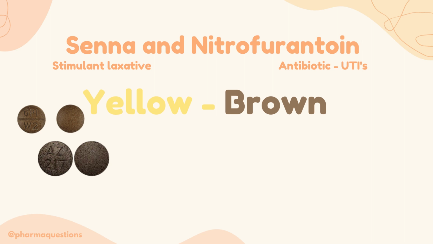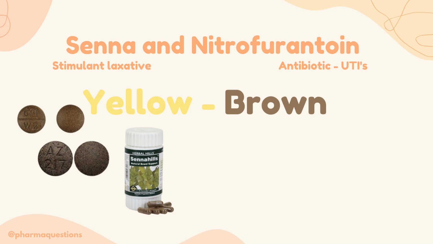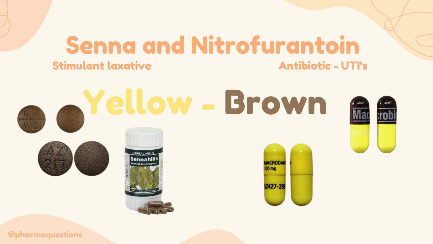And as for nitrofurantoin, this is a similar case. The capsules are usually a brown and yellow colour or just yellow, so you can see this from the images above. I've added the images because, as I've mentioned before, being able to visualize stuff and associate information with random facts really helps with memorization.